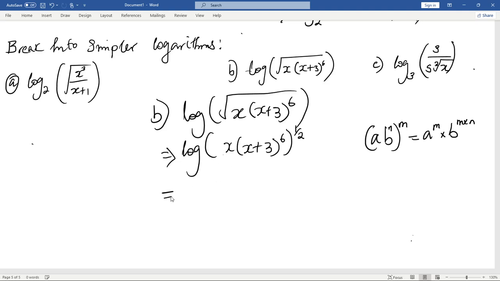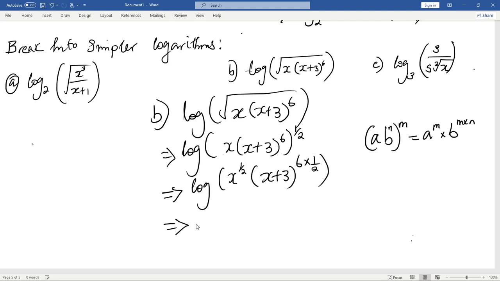So we have log of x to the power half times x plus 3 to the power 6 multiplied by half. So 6 by half, we're just going to get 3, meaning the power 3.